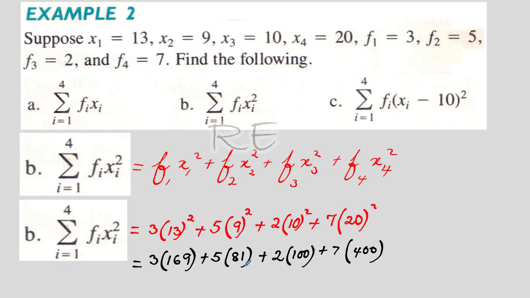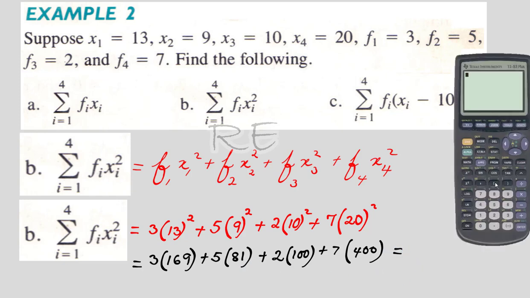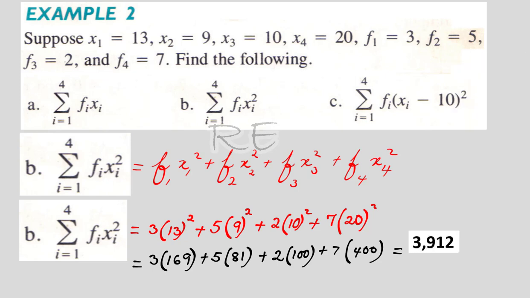Then we're going to use a calculator to get the answer. And our final answer is 3,912.